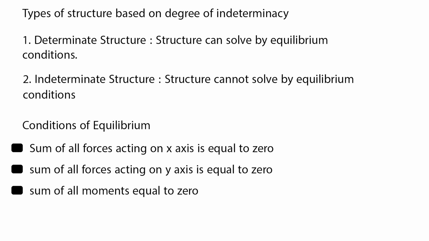Second, the sum of the vertical components of all applied forces must equal 0. Third, the sum of the moments of all applied forces must equal 0. So these are the three conditions of equilibrium.